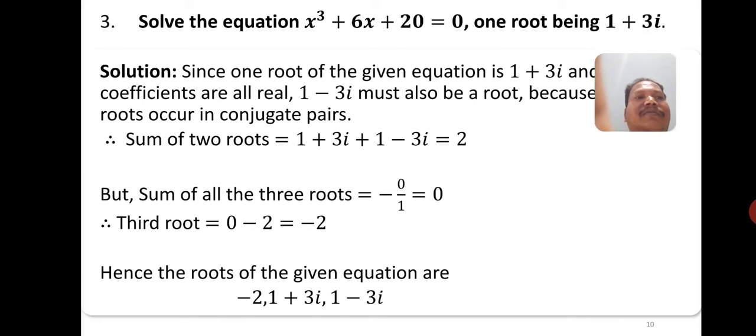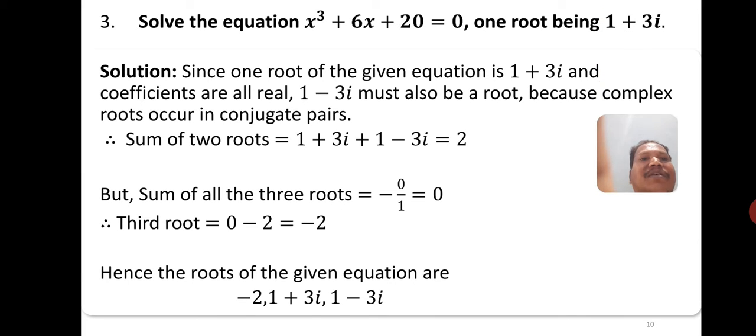Next, 3. Solve the equation x cube plus 6x plus 20 equals 0, one root being 1 plus 3i. Solution. Since one root of the given equation is 1 plus 3i and coefficients are all real, 1 minus 3i must also be a root because complex roots occur in conjugate pairs.